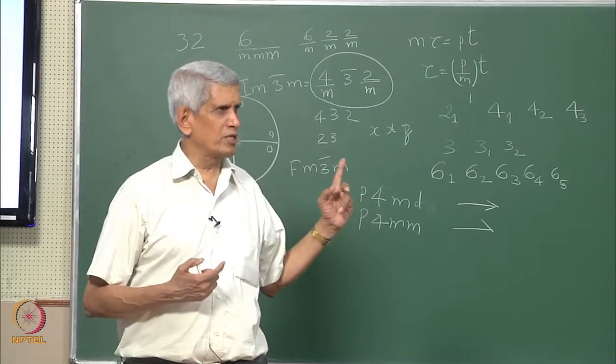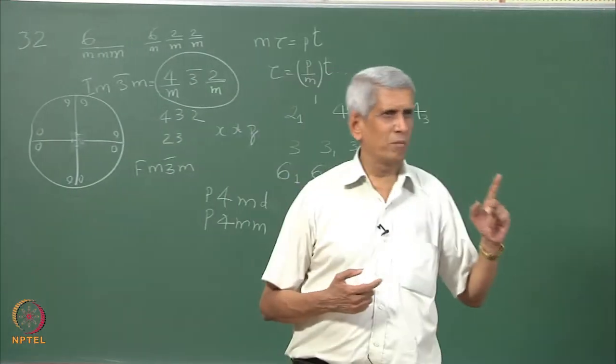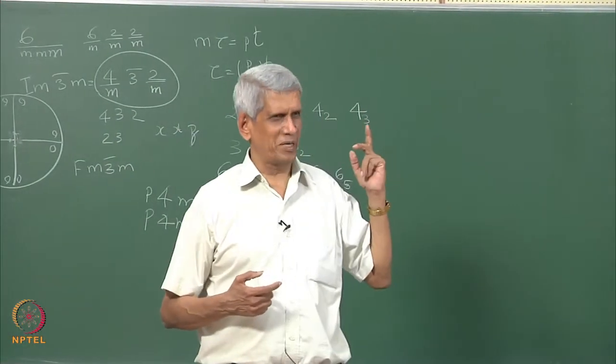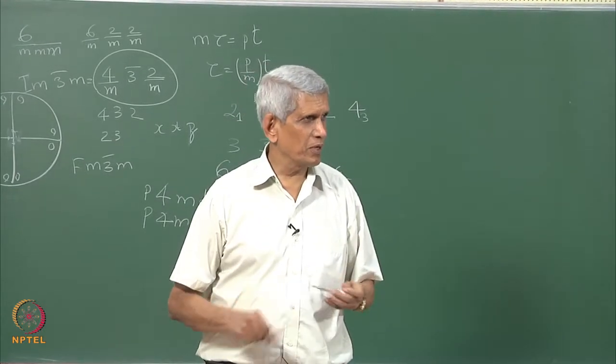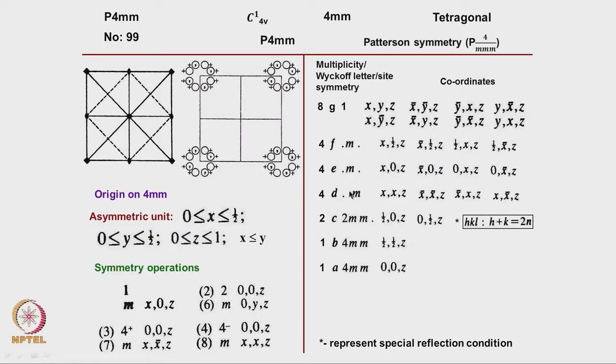Whenever this sort of notation comes, that means this point is related by some symmetry operation. That is a special point. Here, when that m is there, you see that xx is written.